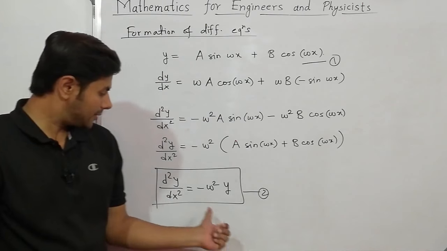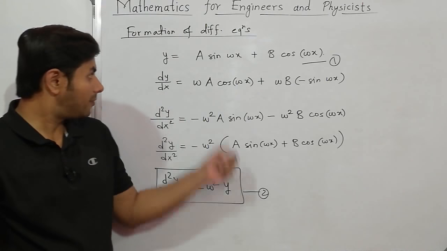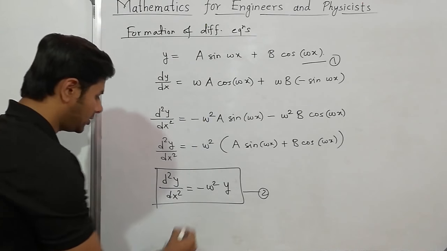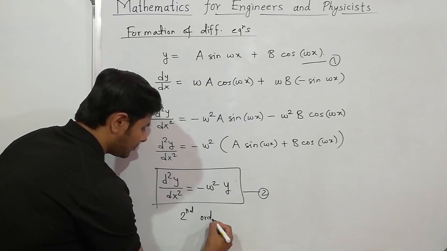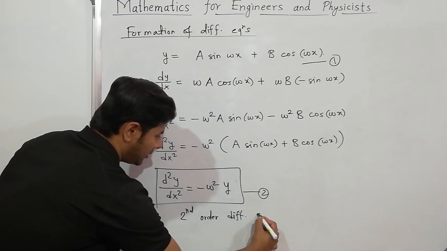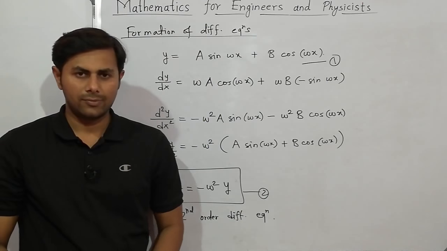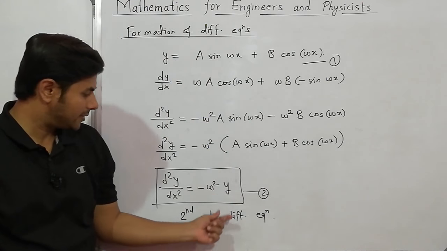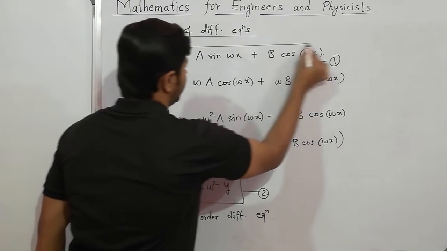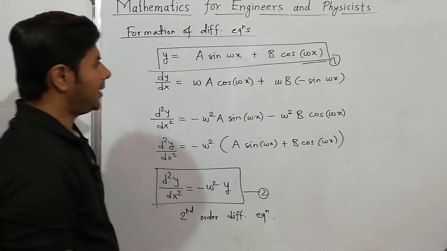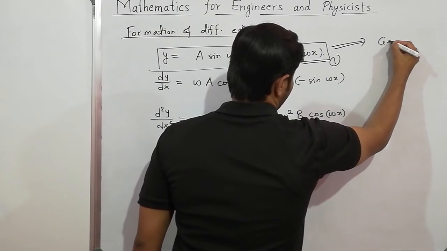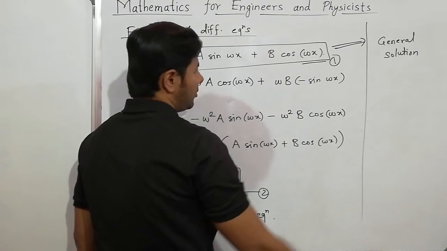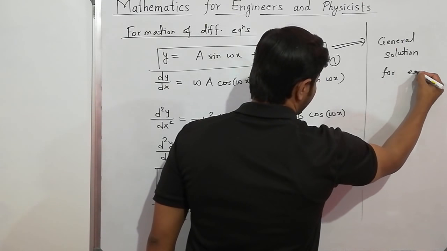So we got this second order differential equation by taking derivatives of this equation, equation number 1. So this is second order differential equation. Now this y satisfies this equation, so this relation between y and x is general solution for differential equation 2.